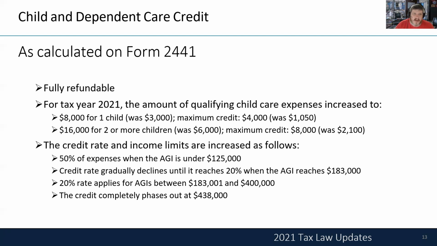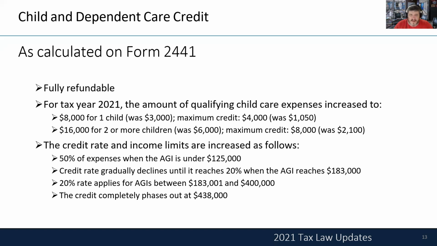If not, you can look up what is it? I think it's topic 602. So if you search topic 602 on the IRS, I think there's more information specifically about who qualifies as a qualifying individual.